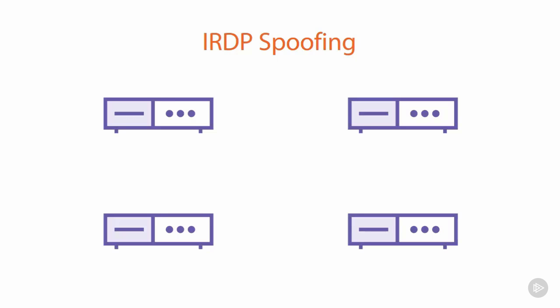Now, IRDP doesn't actually use any type of authentication, so attackers can spoof advertising packets and change the data flow route of their choice. So we simply create a router in our PC and then send IRDP advertisement packets to all the devices that are connected. This changes the routing table of that device that's connected in that subnet. At that point, I can start sniffing data or even implementing man-in-the-middle attacks or even performing a denial of service attack.